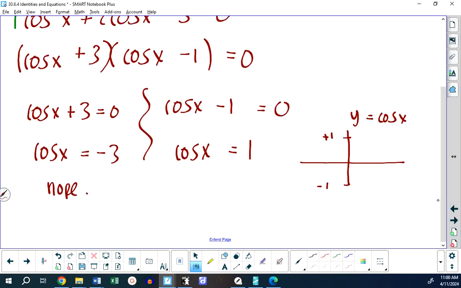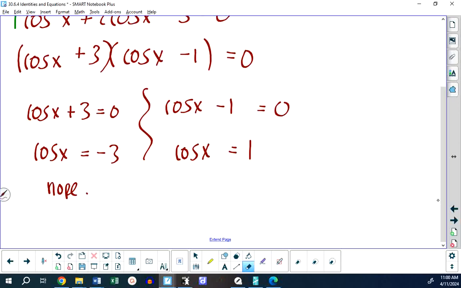However, for cosine of x equals 1, this is the only location on the unit circle where cosine is equal to 1. Because again, cosine is the x coordinate. And this point on the unit circle is at 1, 0. So that's the position. That's not an answer to the question. That's not an angle. It's a position.